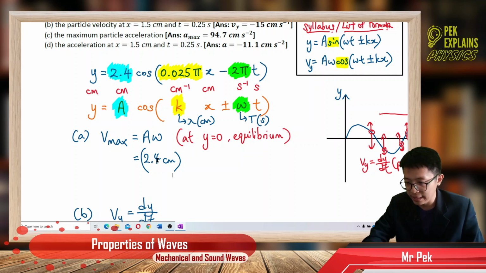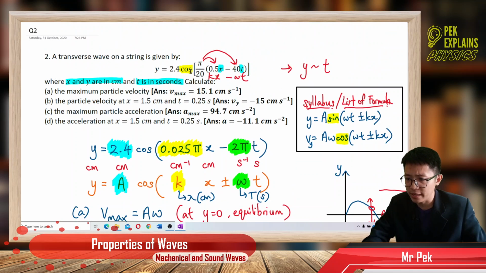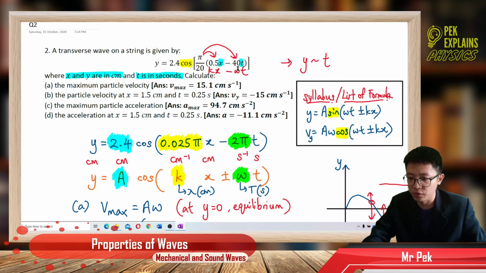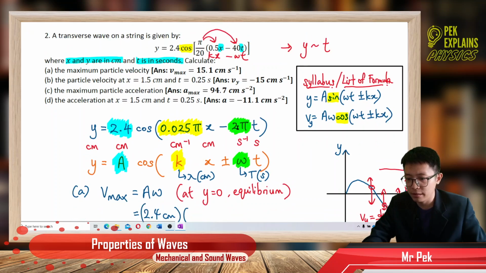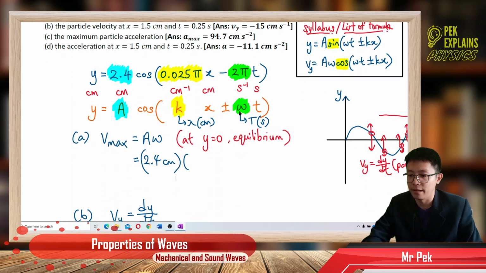So it's not meter. And then my omega, remember you must expand first. Don't put omega as 40. Omega is not 40. After you expand out, it is 2 pi. So my omega is 2 pi, and the unit is per second, not millisecond.